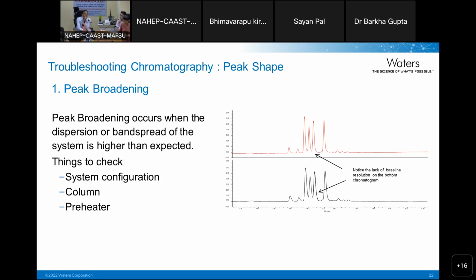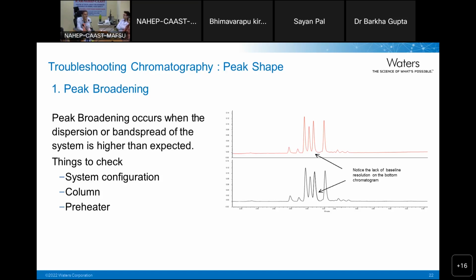There could be some other issues also, but these are the common issues we understand. If your preheater is not configured properly or not working properly, that could lead to this problem. There could be certain peaks that are not eluting properly and require preheating before entering the column. If that is not done, then it can have those issues.